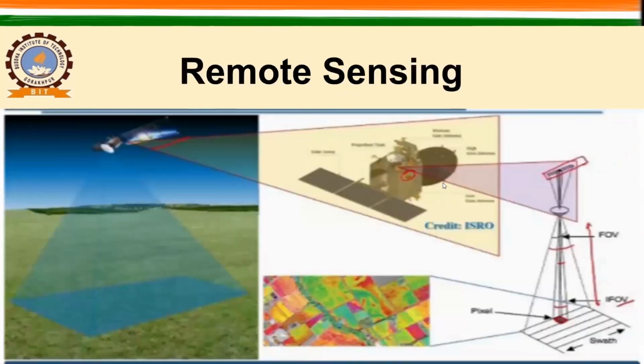Now, if you consider a flight or a sensor which is basically involved in remote sensing, here you can see this particular space-borne satellite. You can also imagine a spacecraft or an aeroplane which has several cameras.